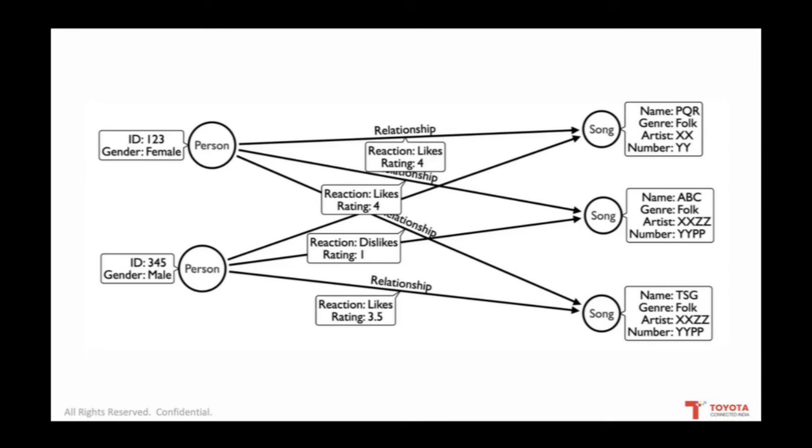Based on that, we can recommend the song to the user. If the outcome of the model is rating 4 and the reaction is likes, then we can develop a connection between person 1 and the new song, which means recommendation of that song to the person.